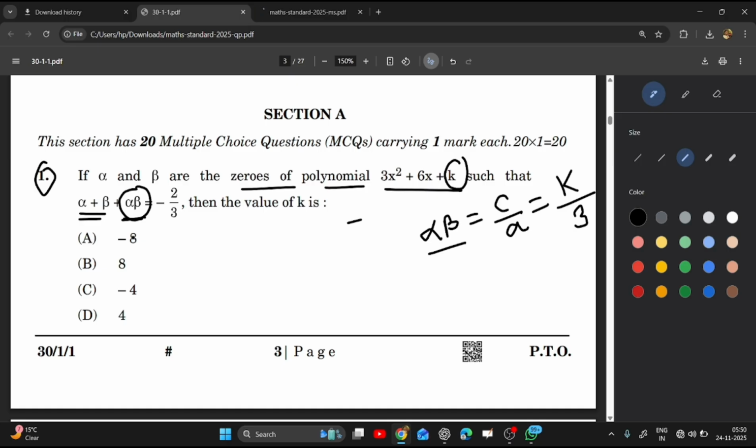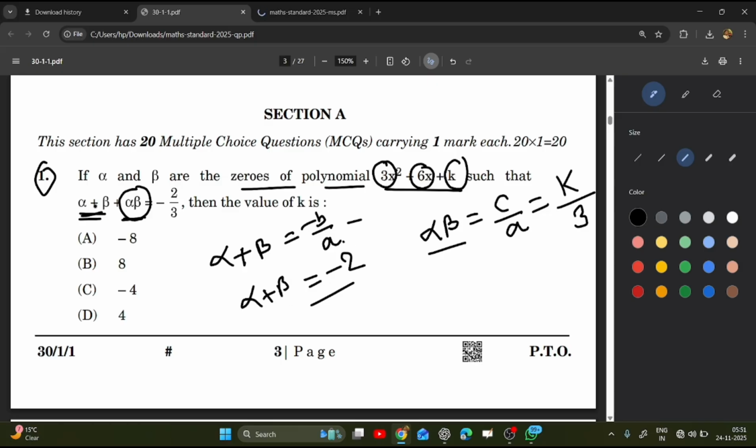This alpha plus beta is the sum of zeros, and we know that the sum of zeros is equal to minus b by a, and we know the value of b is 6 and a is 3. So the value will be minus 6 upon 3, which is minus 2. So here alpha plus beta is equal to minus 2.